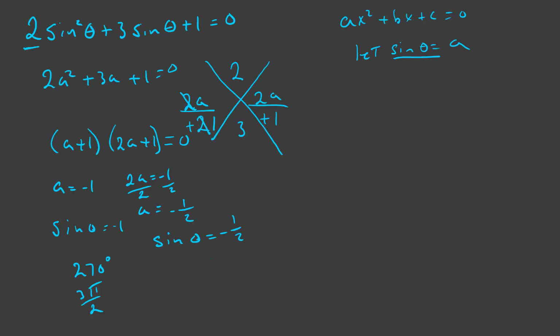I should have two locations here, at 7 pi over 6 and 11 pi over 6. In degrees, that's 210 degrees and 330 degrees. So hopefully you're well on your way to solving trigonometric equations by factoring.